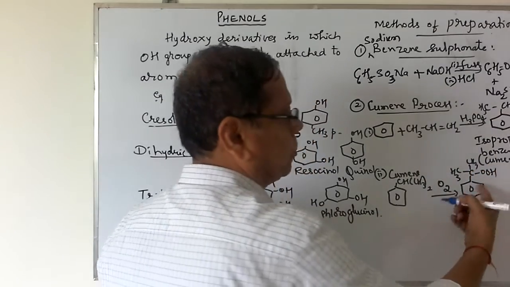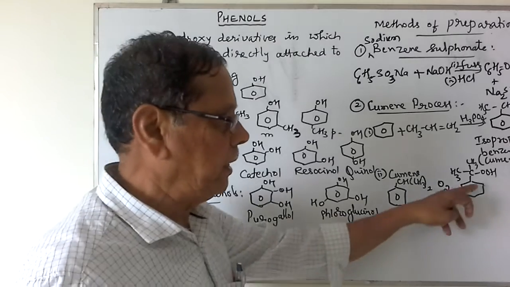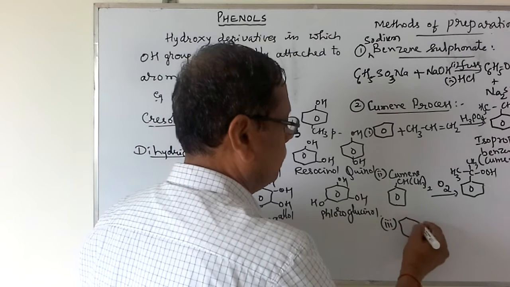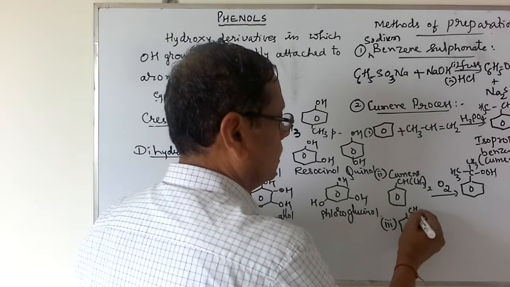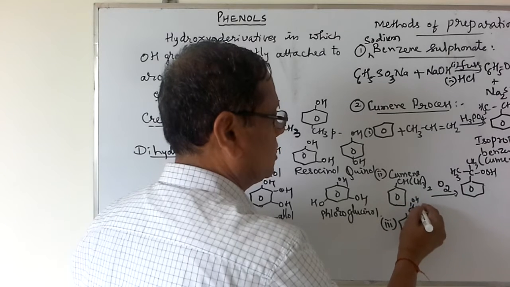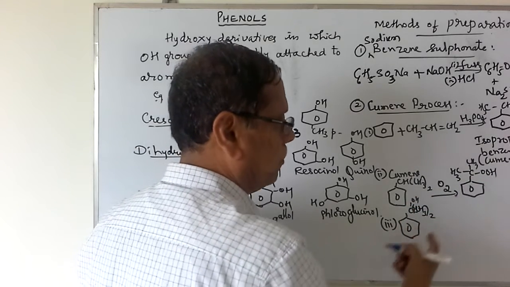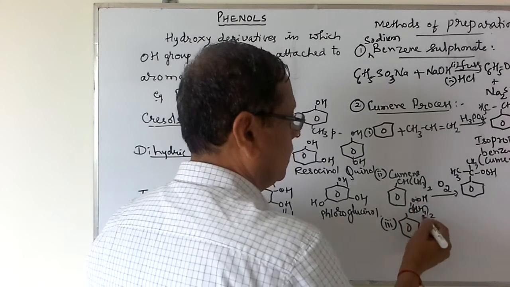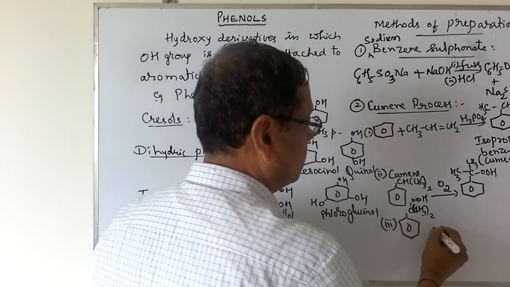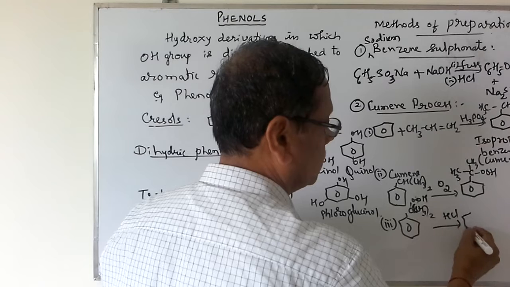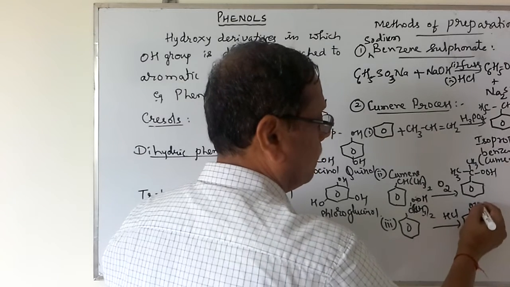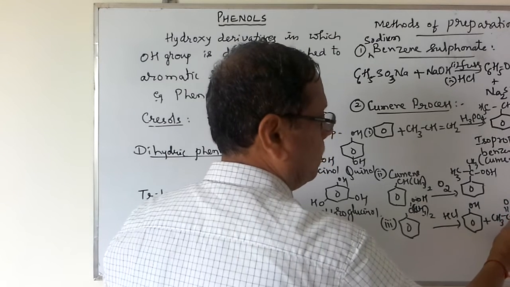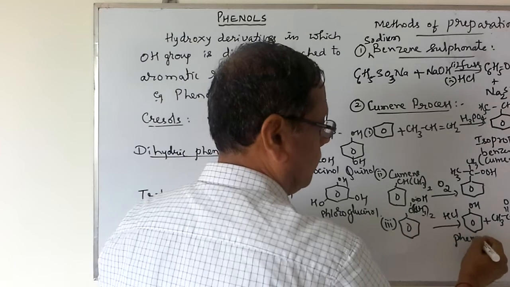We get cumene hydroperoxide, C6H5C(CH3)2OOH. This cumene hydroperoxide is then subjected to acidification. We get two products. One is phenol, the other one is acetone, CH3COCH3. Phenol and acetone.